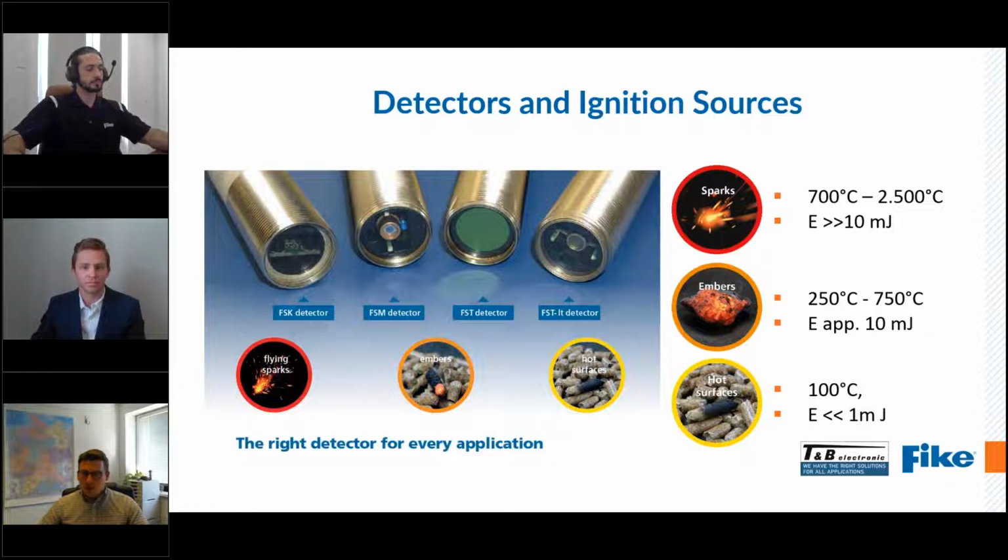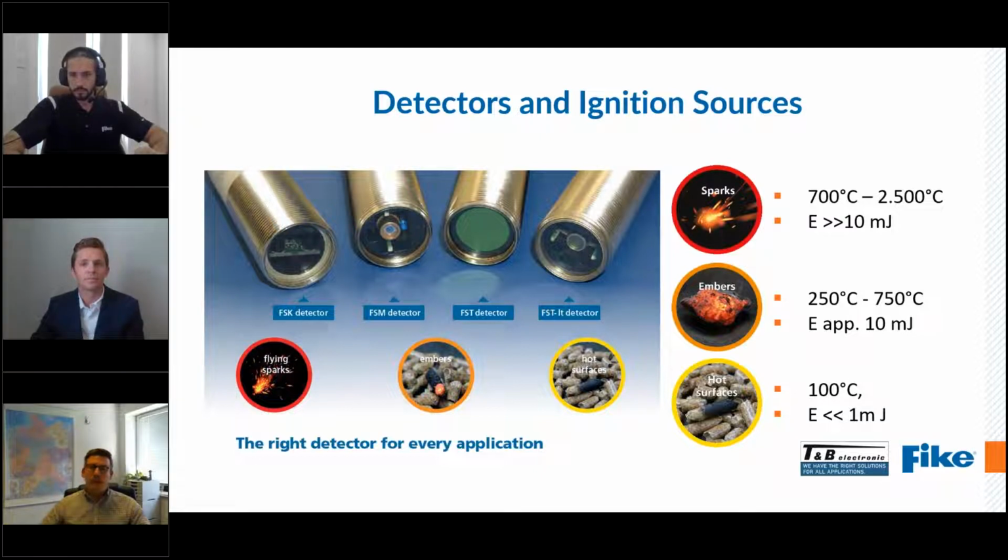So for those different ignition sources, you need different detectors for physical reasons. All of the detectors have different sensors at the front, and every sensor is made for a different radiation of an ignition source. If we have a typical flying spark, we will use our FSK detector.